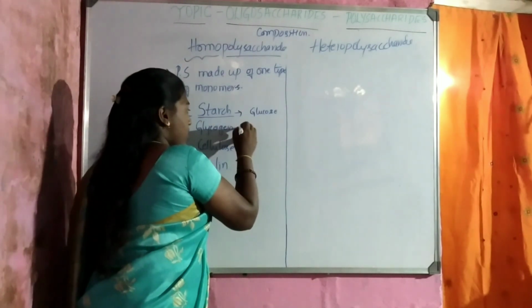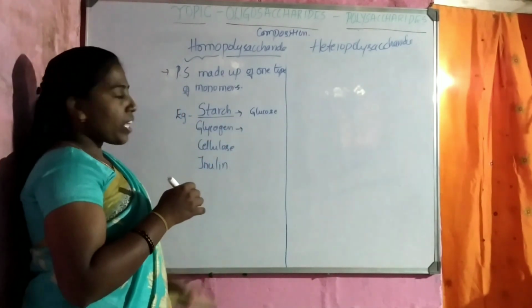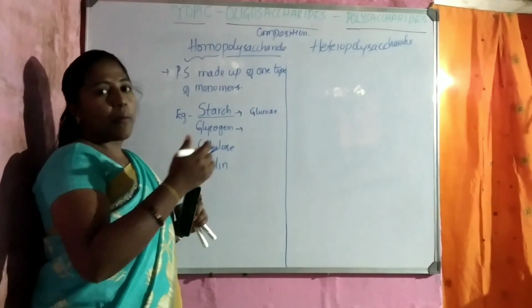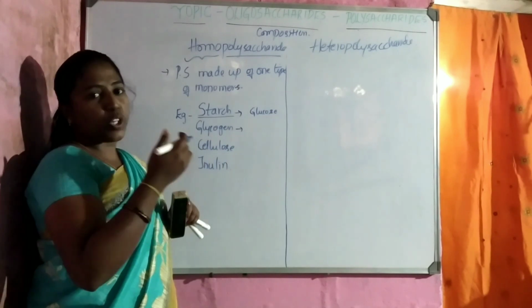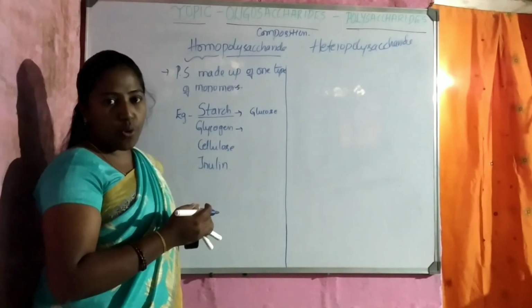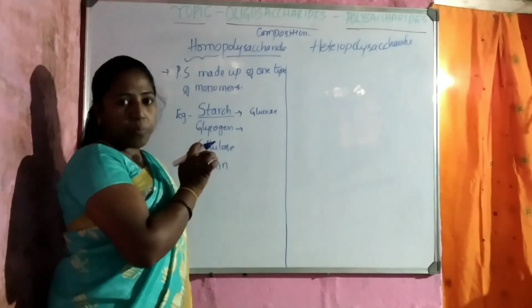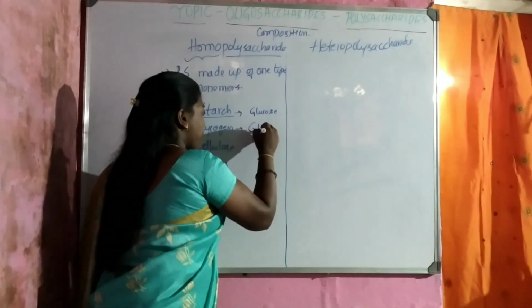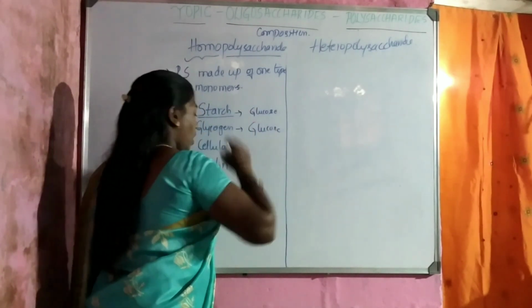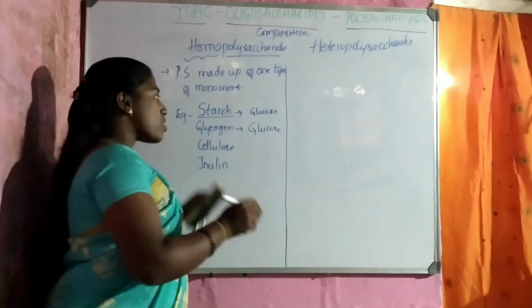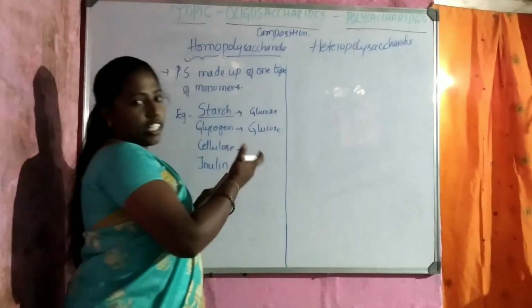Then coming to glycogen. Glycogen is also made up of many glucose joined with one another. Even in case of glycogen, which is the monomer? It is glucose. Then coming to cellulose. Cellulose is also made up of glucose.